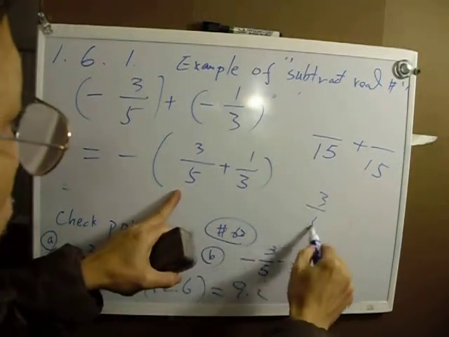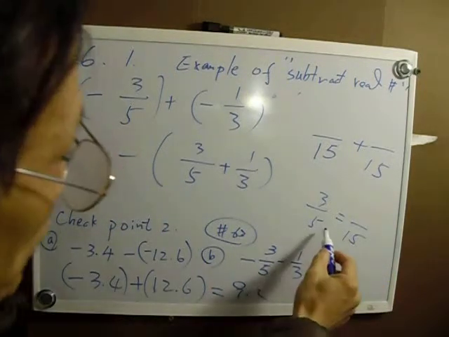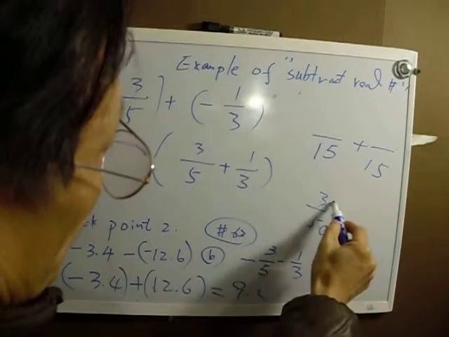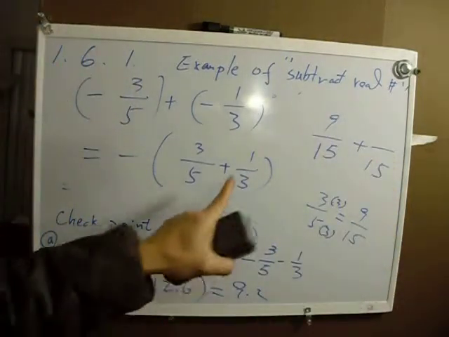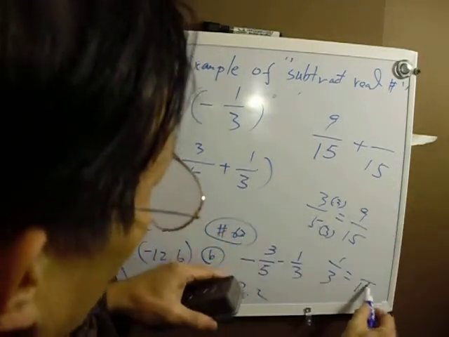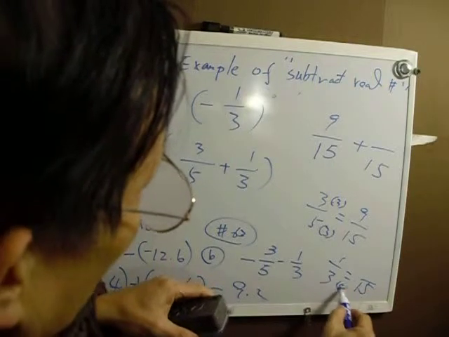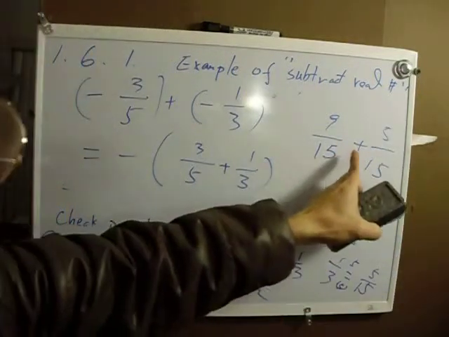So for 3/5, you want to change the denominator to 15. So you multiply by 3. The numerator multiplied by 3 will be 9 here. For 1/3, you want to change into denominator 15. Obviously multiply by 5, that's 5 here. Then you add these two numbers.